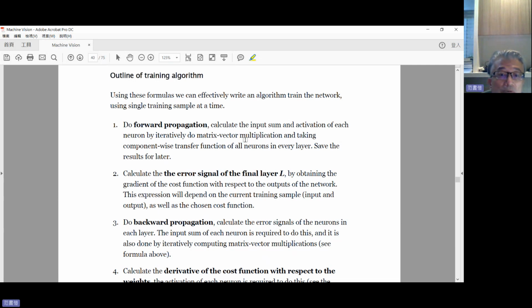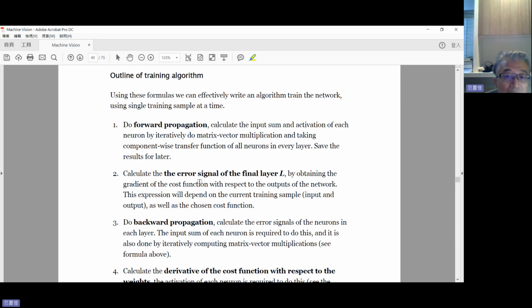The sample can be divided into different batches, and you accumulate those errors, do the backpropagation, and calculate the error signal for the neuron in each layer. Reversely, the input sum of each neuron is required to achieve this, and it is also done by iteratively computing matrix-vector multiplication.